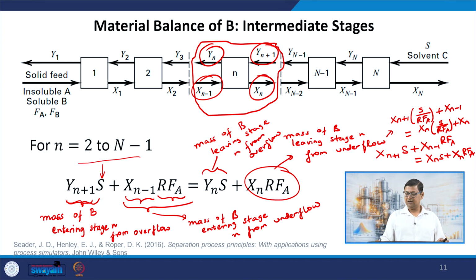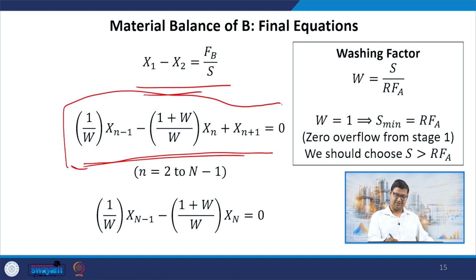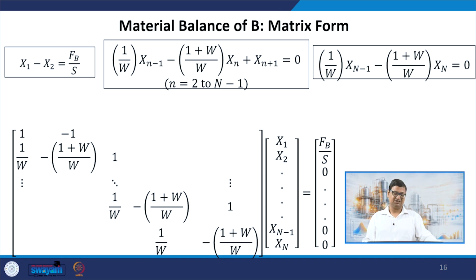And now we can note that this particular quantity can be given some name, and I am calling it the washing factor W, that is the ratio of the fresh solvent mass flow rate and the RFA, right? And then we are going to get the corresponding equation as something like this after some rearrangement. And the same thing we can do for whatever mole balances, mass balances we had for the terminal stages, and we can get a simplified system of equations, which happens to be a tridiagonal system of equations.